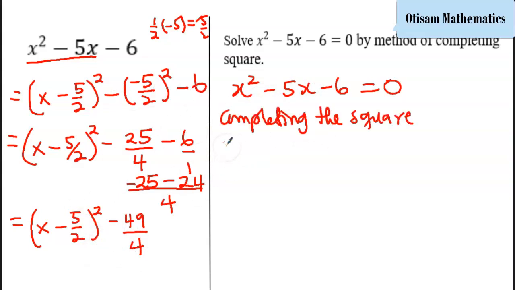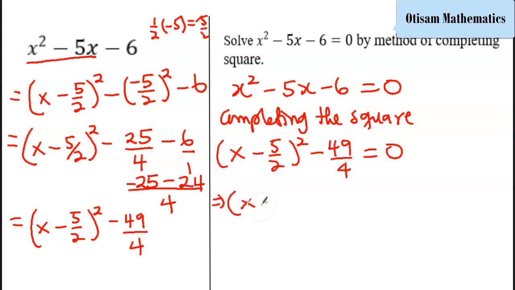Completing the square, we have x minus 5 on 2 all squared minus 49 over 4 is equal to 0. We want to find x, so this implies that x minus 5 on 2 all squared is equal to 49 on 4.